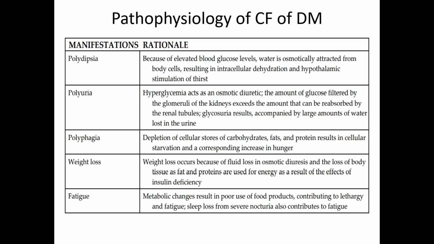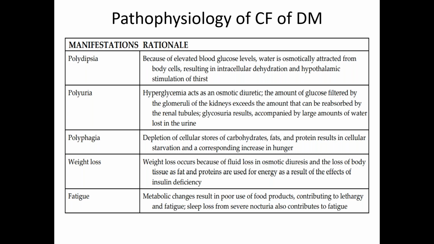So in the absence of insulin, when glucose is not available as an energy source, the other nutrients like fats and proteins are broken down to give energy, and that leads to emaciation and starvation. So there is a corresponding increase in hunger.